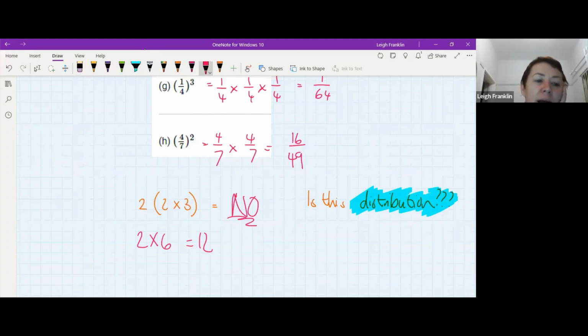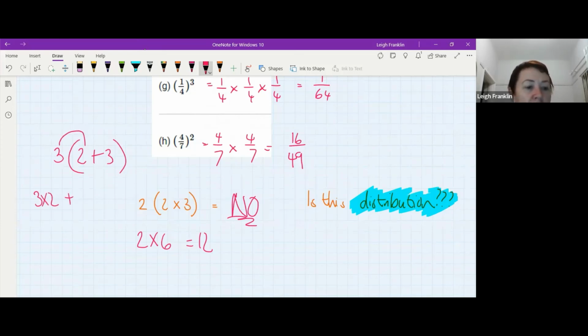So let's say I add together 2 and 3. But then I want to multiply the sum of 2 and 3 by 3. When I say this means 3 times 2 plus 3 times 3, then I am distributing.